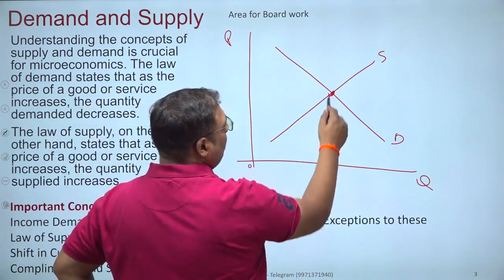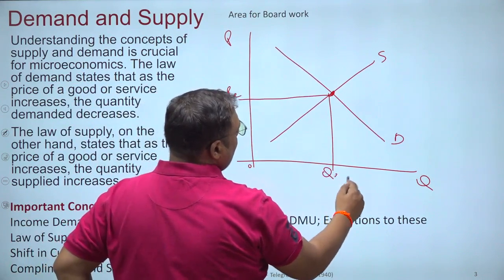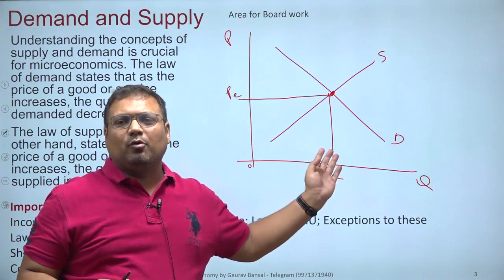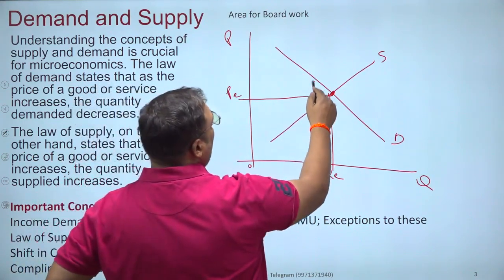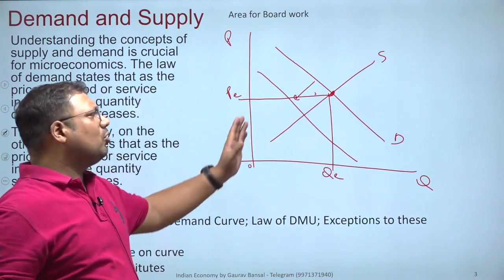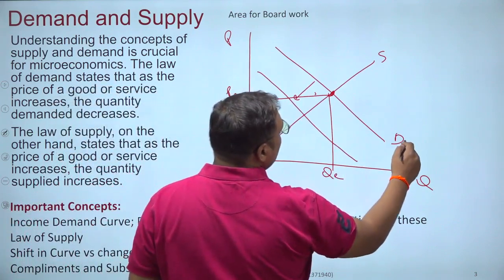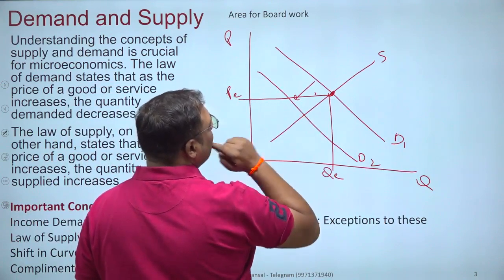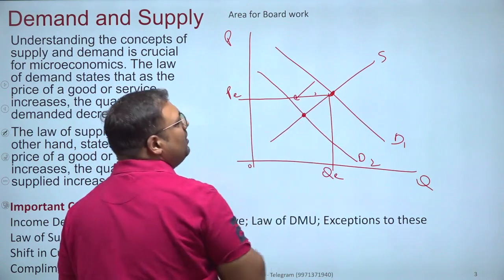Okay, this is the quantity and this is the price. Now because Chinese formula milk was found to be contaminated, people are buying less of it, so demand for it has fallen. Means there will be a shift like this. Okay, people are not looking forward to buying this product, so it will go into a new situation, that is D2. Now in this D2, what is the situation? This is the new equilibrium between supply and demand.